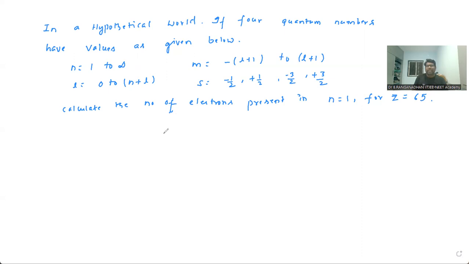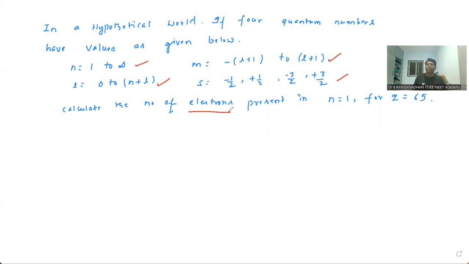In a hypothetical world, if the four quantum numbers have values as given below: n is 1 to infinity, m is minus L plus 1 to L plus 1, L values are given as 0 to n plus L, and spin quantum numbers are minus 1/2, plus 1/2, minus 3/2, plus 3/2.